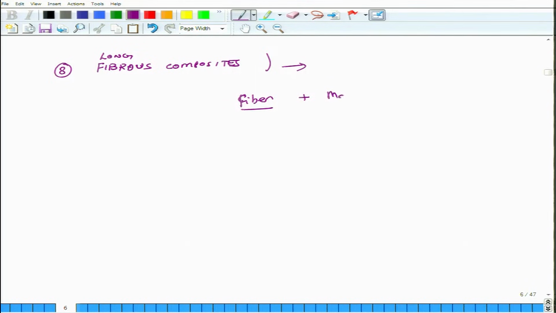So, of course, there is a matrix, and then of course there are some additives, and these fibers could be of different types, glass fibers, or some polymer based fibers, or carbon fibers, or nylon fibers, or even metallic fibers, and the matrix is made up of some polymer, okay, and you get different types of composites.